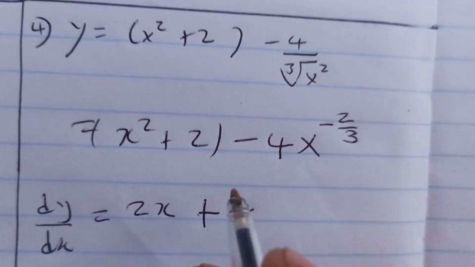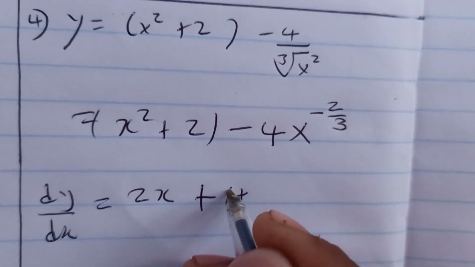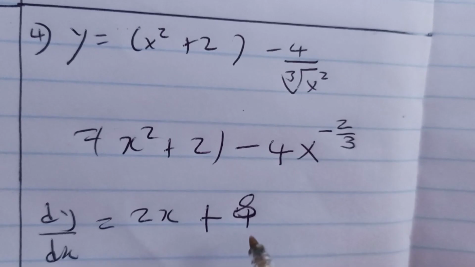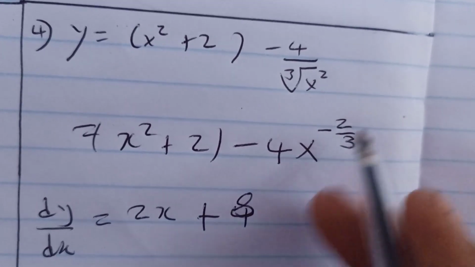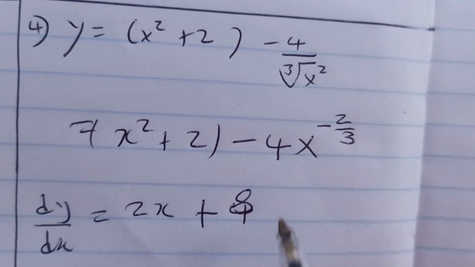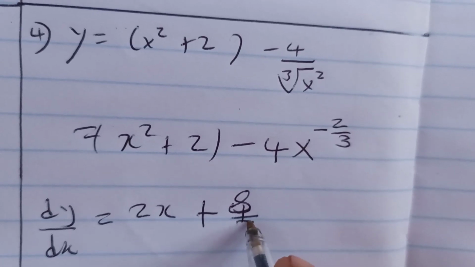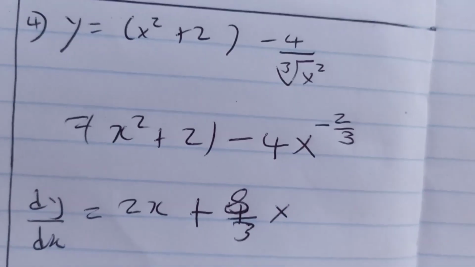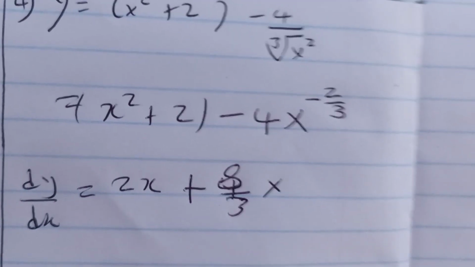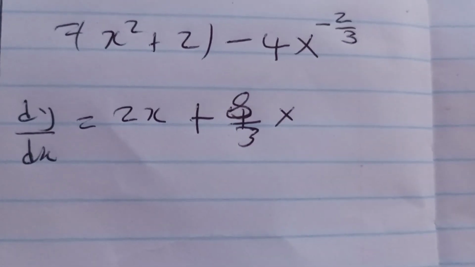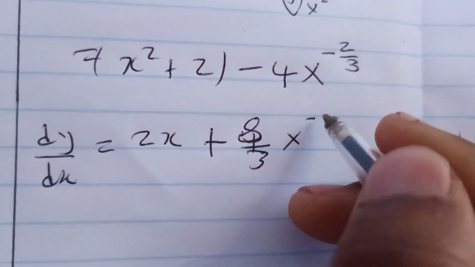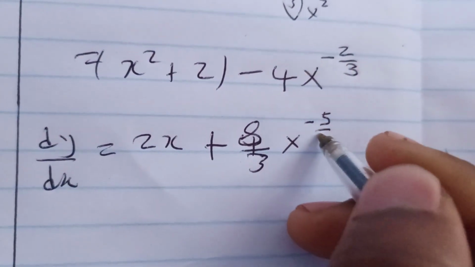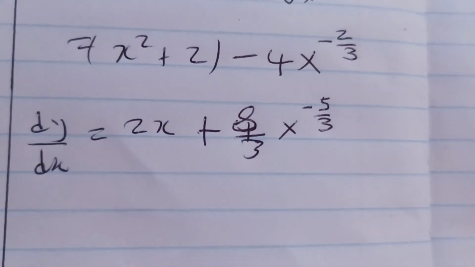So let's just do our 8 here. 4 times 2 is 8 over the 3x. Then we have to minus 1 here. Negative 5 over 3.